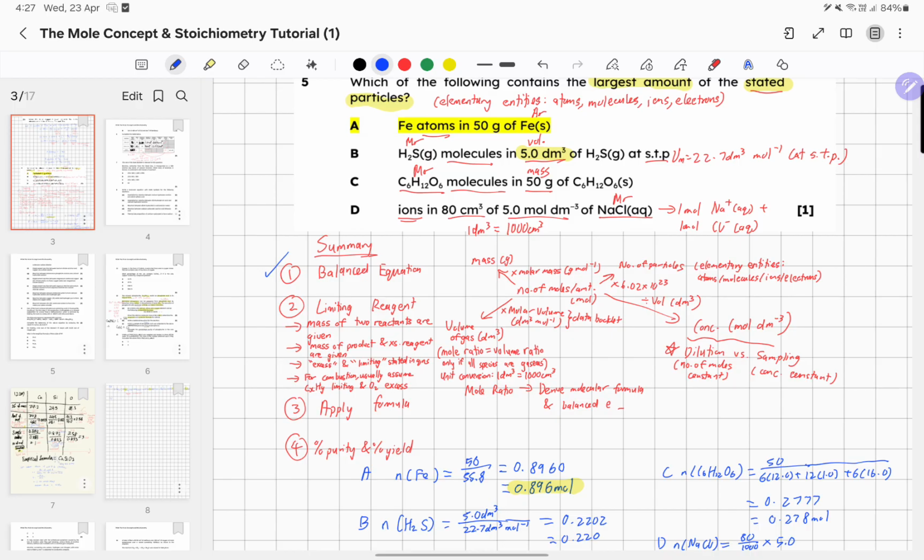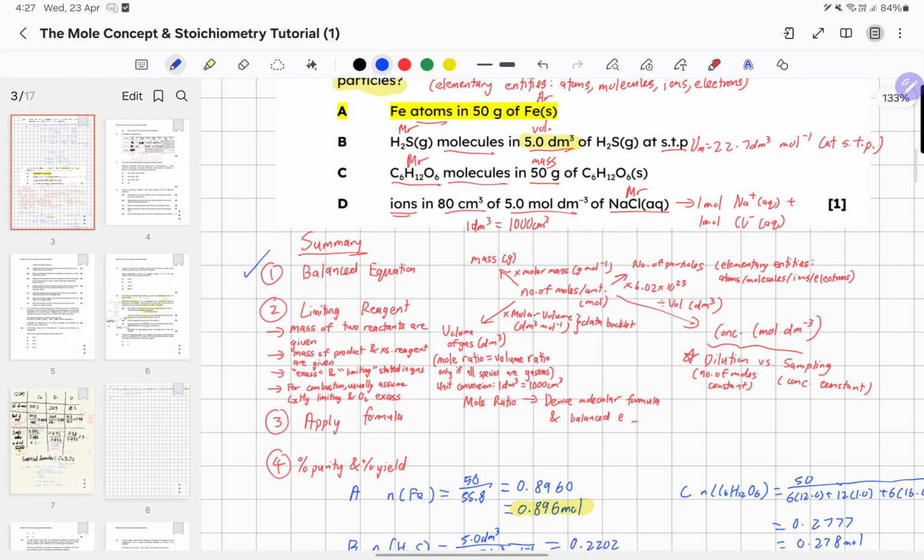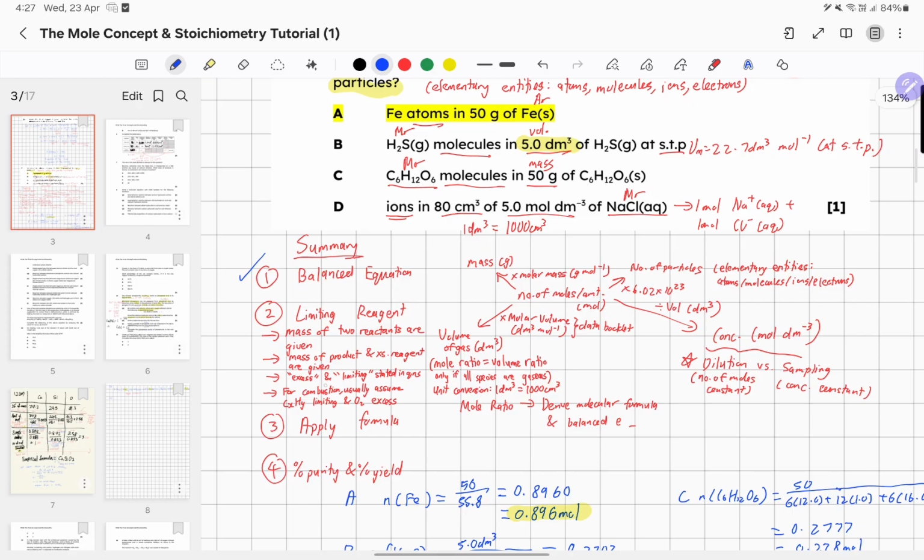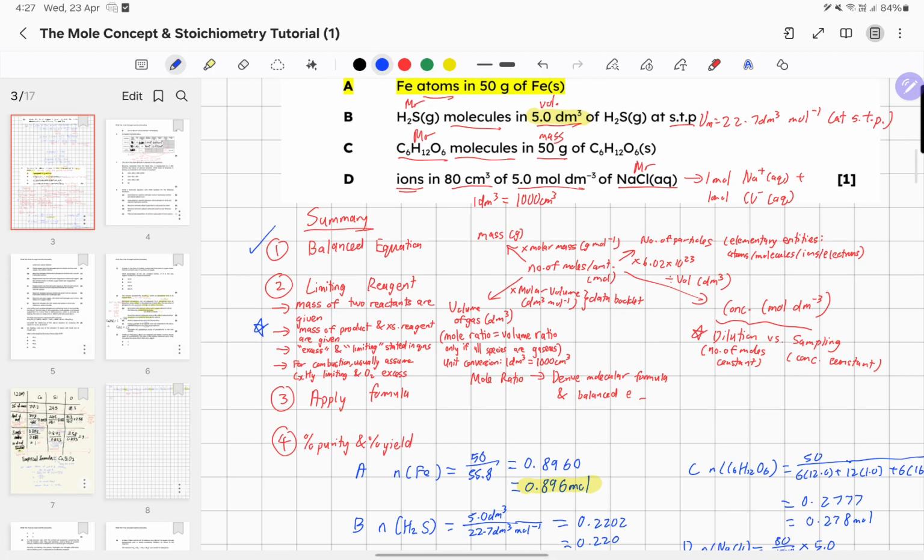Limiting reagent, this one you also want to take note of, because whenever you're given just the mass of the product, you are preferred to use the mass of the product rather than any other numbers that are given, because the limiting reagent determines the mass of the product produced. Then you just apply the relevant formulas.